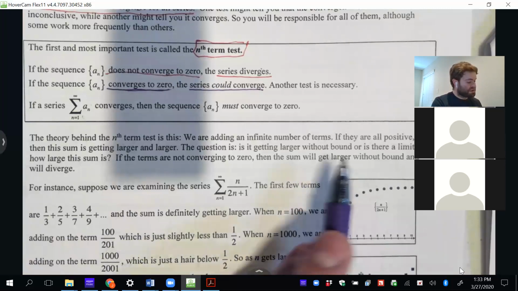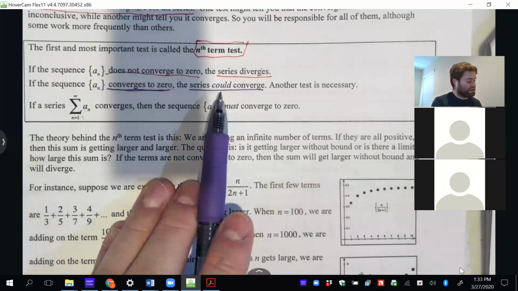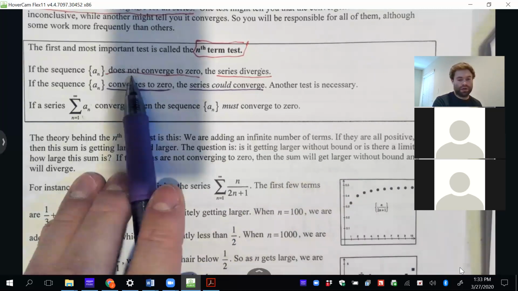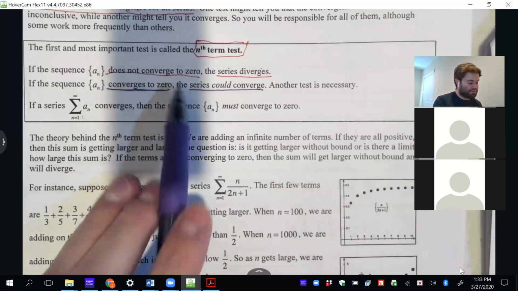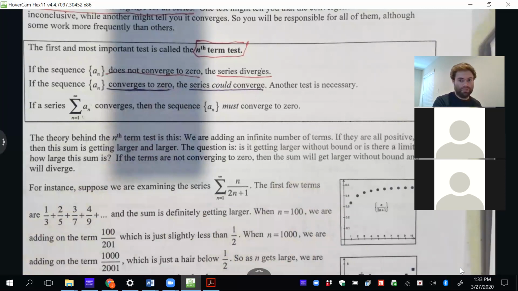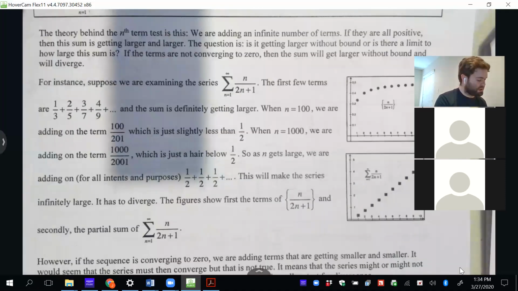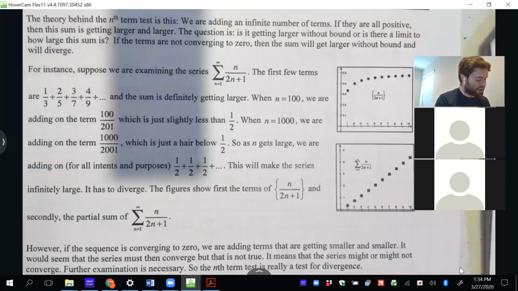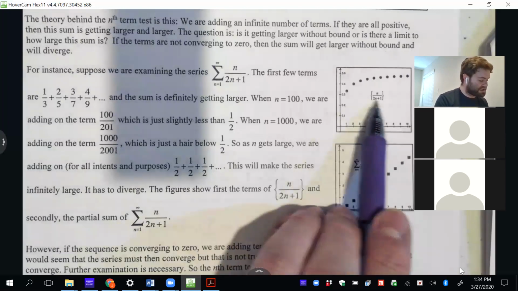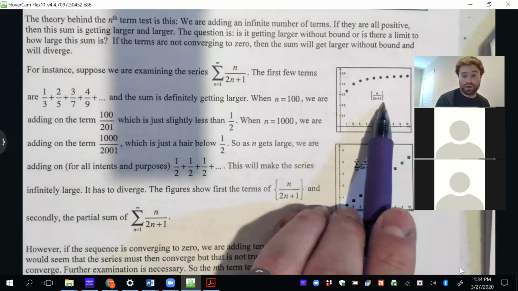Or even if the sequence just approaches the number 1 forever. Actually, that is what these two graphs are talking about, so that'll answer your question. This graph is showing the numbers in the sequence n over 2n plus 1.